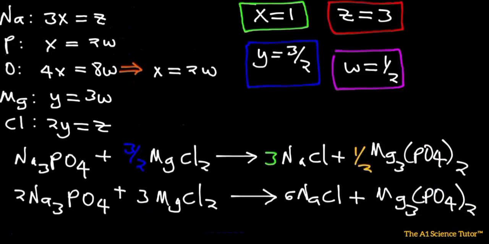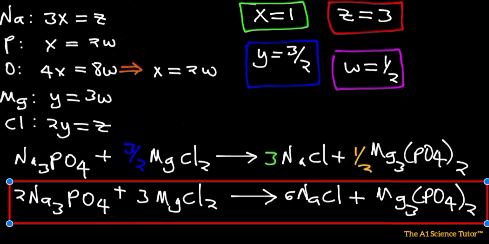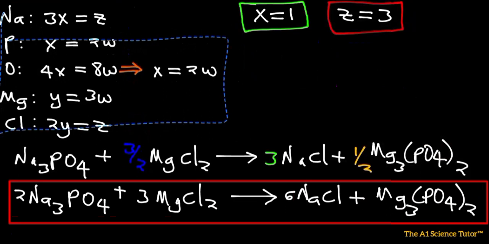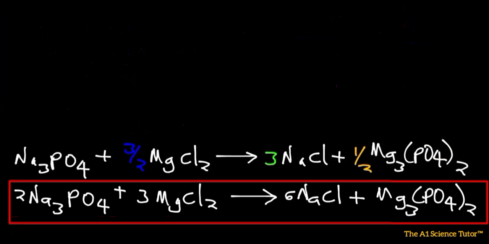Now we're going to try to find out whether or not this is correct. So let's wipe some stuff out here. On the left-hand side we have sodium. Sodium is equal to 6. Here we have phosphorus.